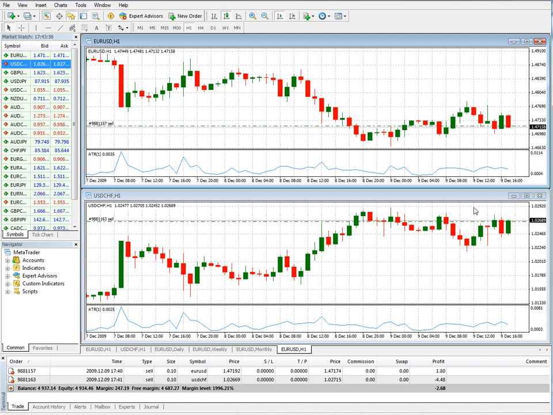Another way to do it, rather than looking for the combination of the two to move into positive territory, is you can simply leave your short trade on, and when your short trade down here moves into positive territory, you could have a simple profit target, and say you wanted to get 20 pips.